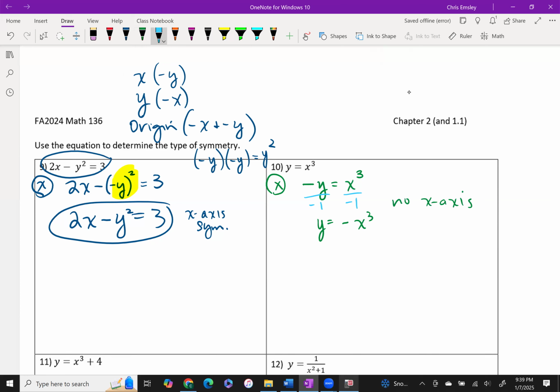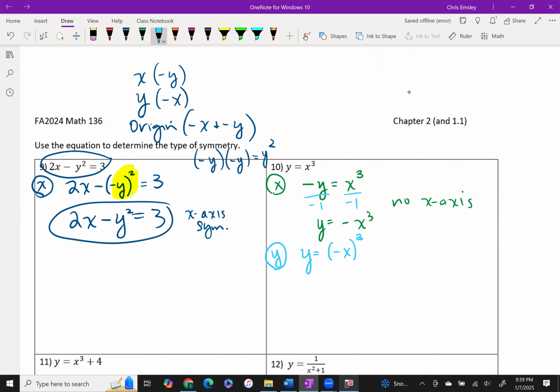So then we want to look and see, does it have y-axis symmetry? And that's when we put in a negative x. So y equals negative x cubed. And when we squared a negative number, it became positive. But when we cube a negative number, it stays negative, okay?